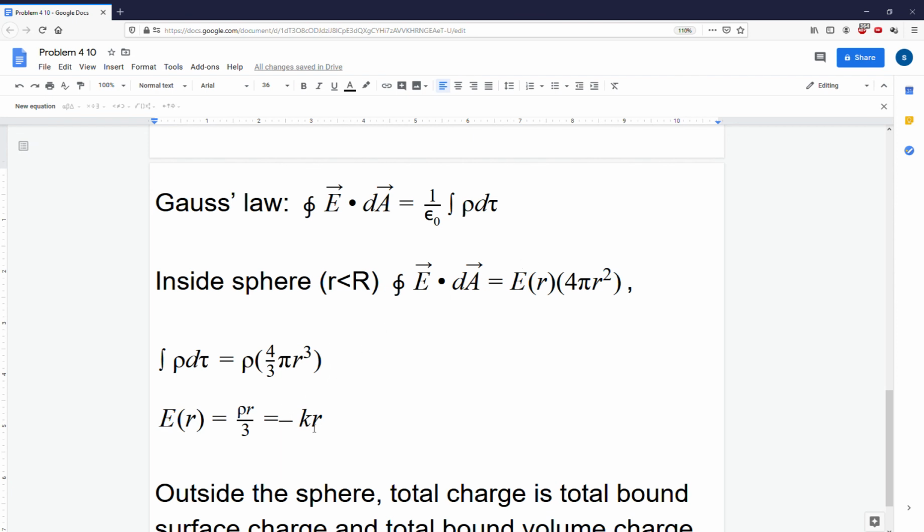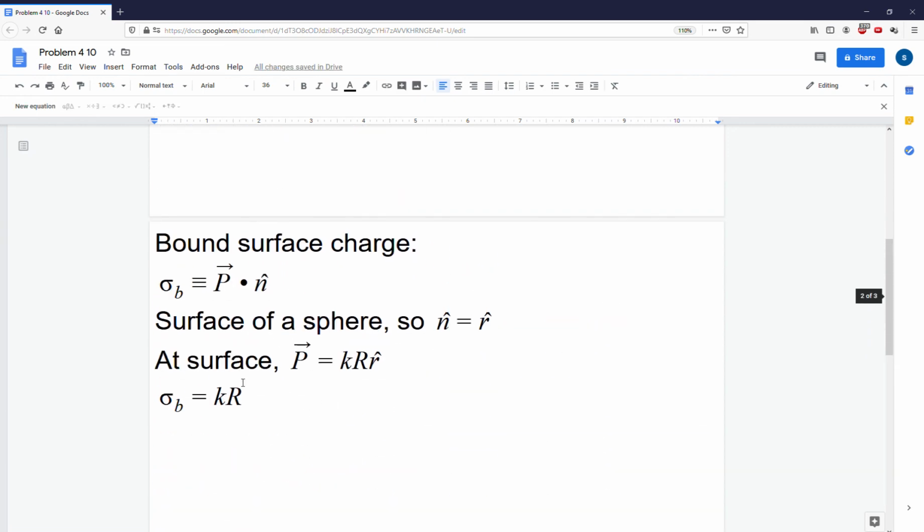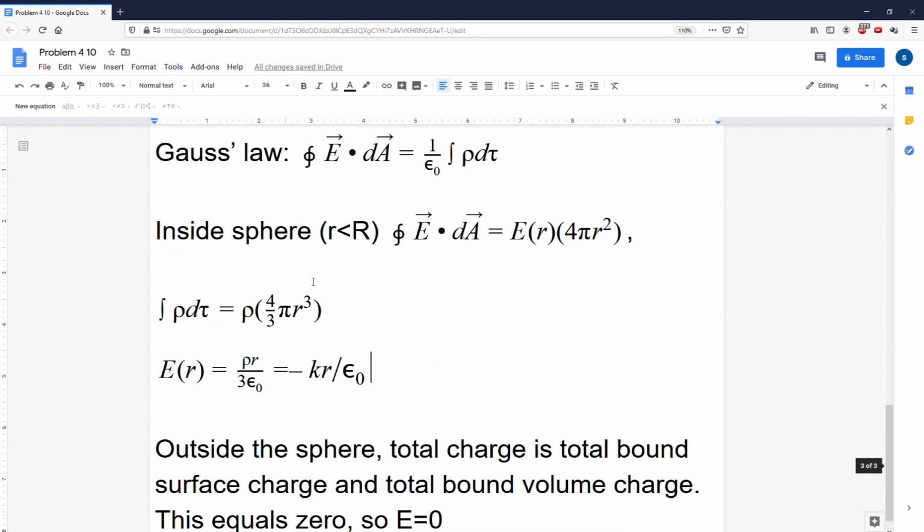Put that together, and we get that the electric field inside the sphere is equal to rho r over 3 epsilon naught, which, since the charge density was negative 3k, that 3 cancels. And so the electric field inside the sphere is equal to negative k r over epsilon naught.